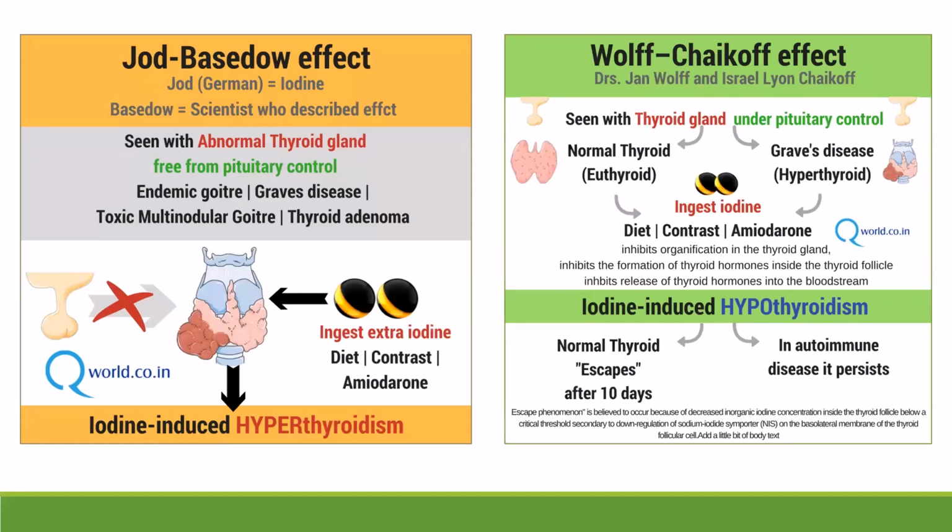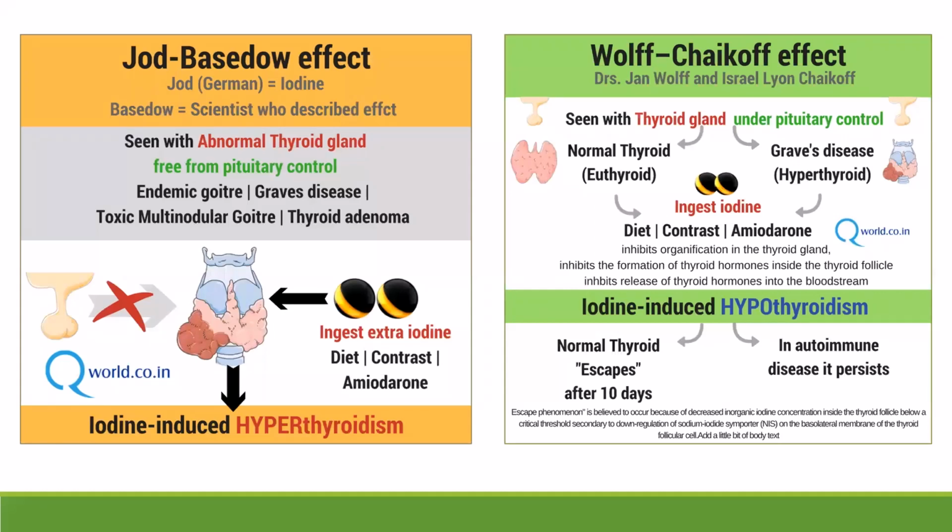Actually, this takes a few days or 10 days in most cases, leading to iodine-induced hypothyroidism. Later on it will escape after 10 days and may cause normal thyroid hormone synthesis.